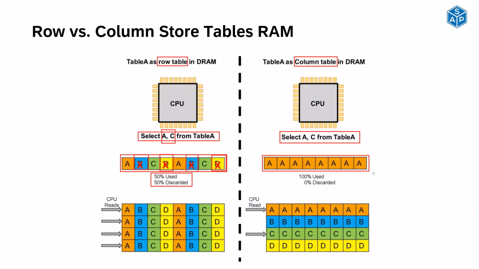When you load only the specific columns in your memory, you have more relevant data in the memory. Here, 100% of the data loaded in the memory is used, and 0% is discarded. Do you get my point? Any doubt on this?